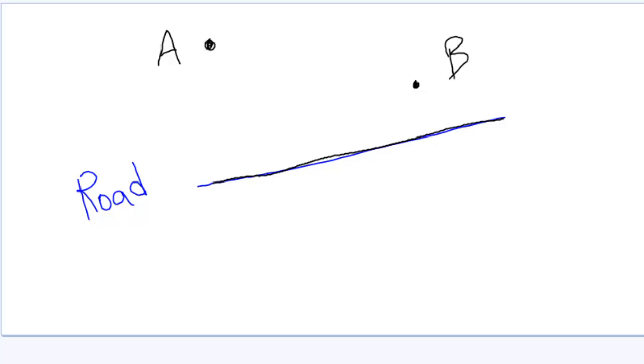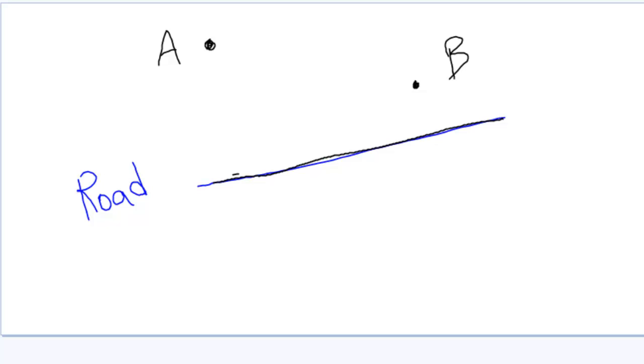So I want to use 1 pole somewhere along the road that will have cables shooting off to both of your houses. But the electric company also wants to use as little cable as possible because cable isn't really cheap. So they want to find where along the road they should put the pole to make the distance from A to road to B be the smallest distance.